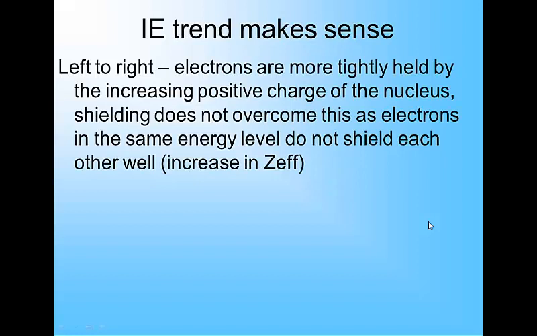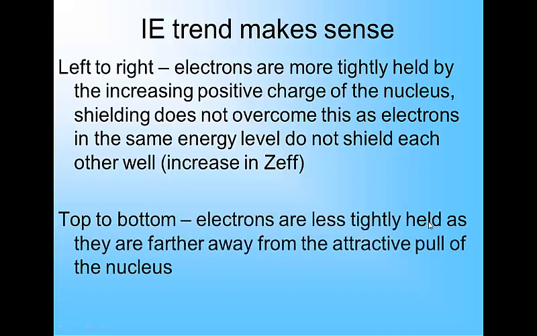Ionization energy trend makes sense. From left to right, the smaller the distance between the proton and the electron, the tighter the electron is held, the harder it is to remove. So you're going to have a lot of energy to remove that electron that's really close to mama nucleus.